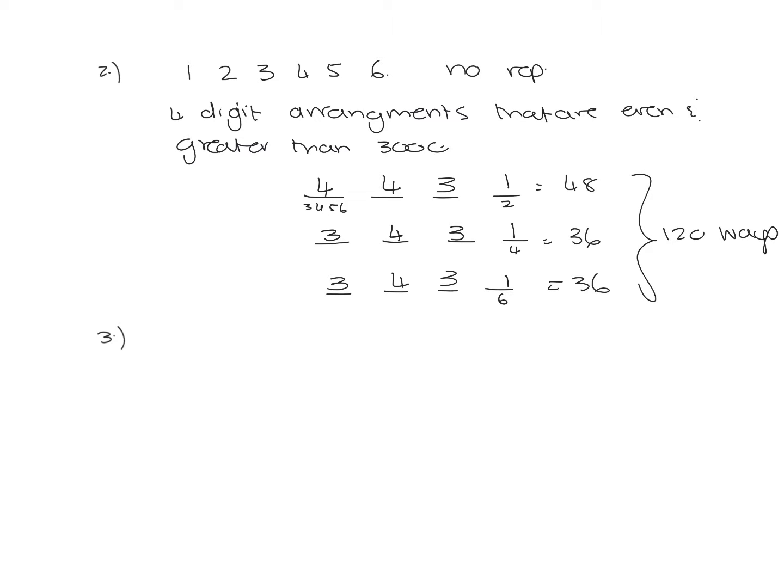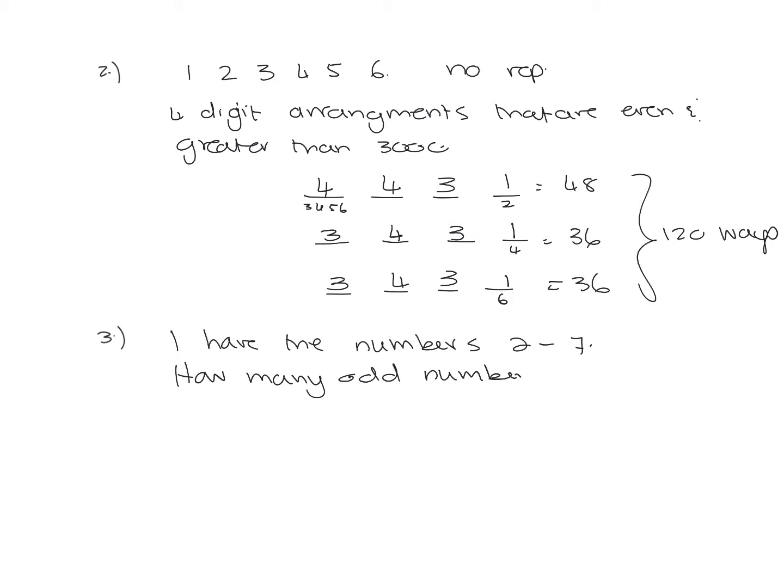Let's say I've got the numbers 2 to 7. Okay, how many odd numbers can be formed larger than, let's just say, how many, or let's make a number, how many odd numbers can be formed larger than 4,000.